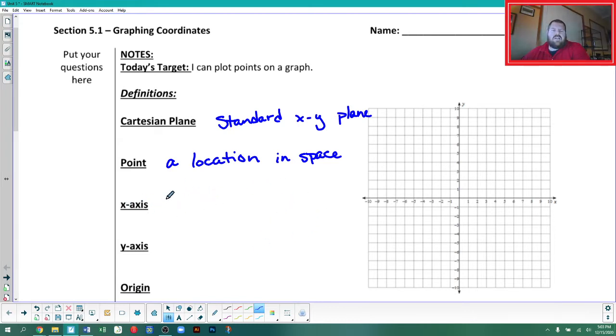The x-axis is our horizontal axis. Okay. So again, just to kind of point these things out as we go, the whole thing is the Cartesian plane.